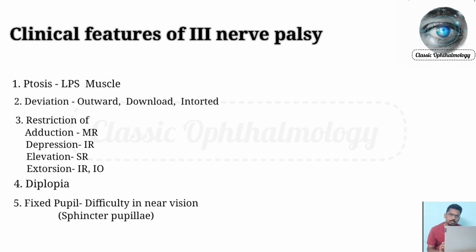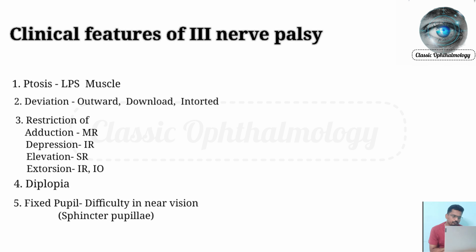There is restriction of adduction due to paralysis of the medial rectus, restriction of depression due to involvement of the inferior rectus, and restriction of elevation due to the superior rectus. Extorsion is also restricted due to the inferior rectus and inferior oblique. Because the alignment of the eyeball is changed, there is diplopia.